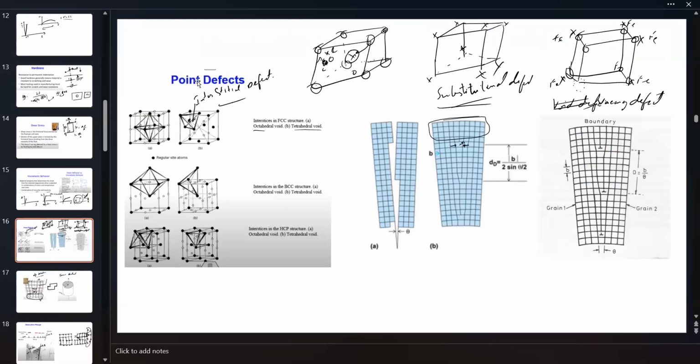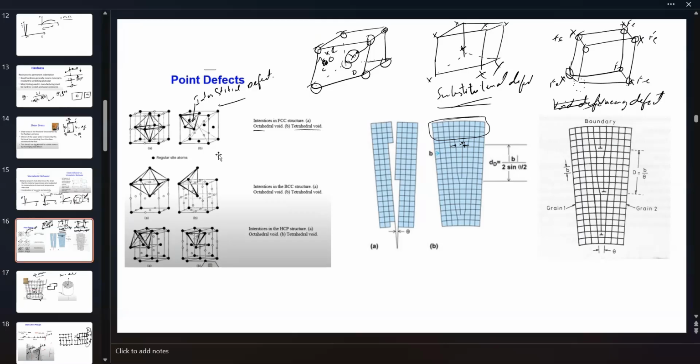Then you have different point defects in your material. In point defects, you can have different interstitial defects, either tetrahedral or octahedral.